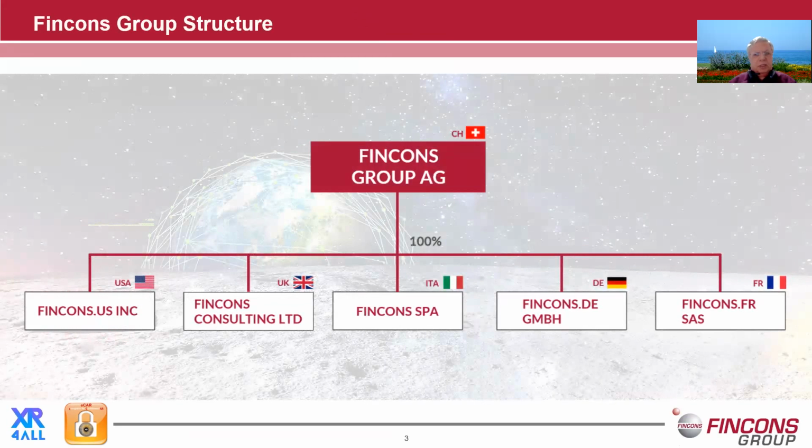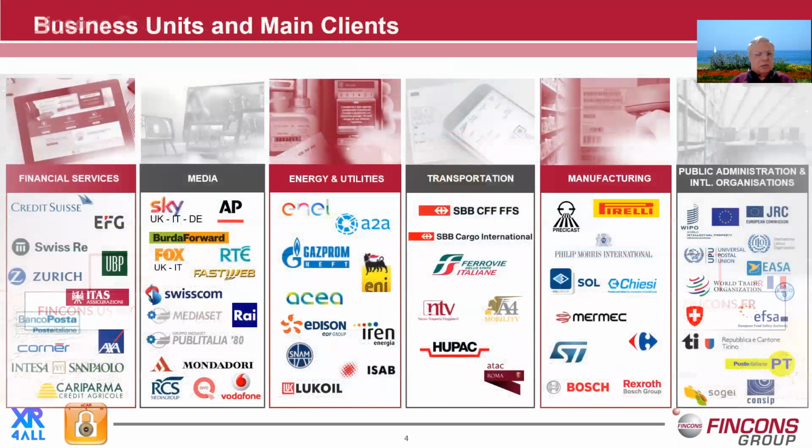The Fincons Group is a large enterprise with its group headquarters located in Switzerland and branches in Italy, UK, US, France, and Germany. Fincons Group is a system integrator and solution provider and acts on many market segments; usually our customers are big private companies.